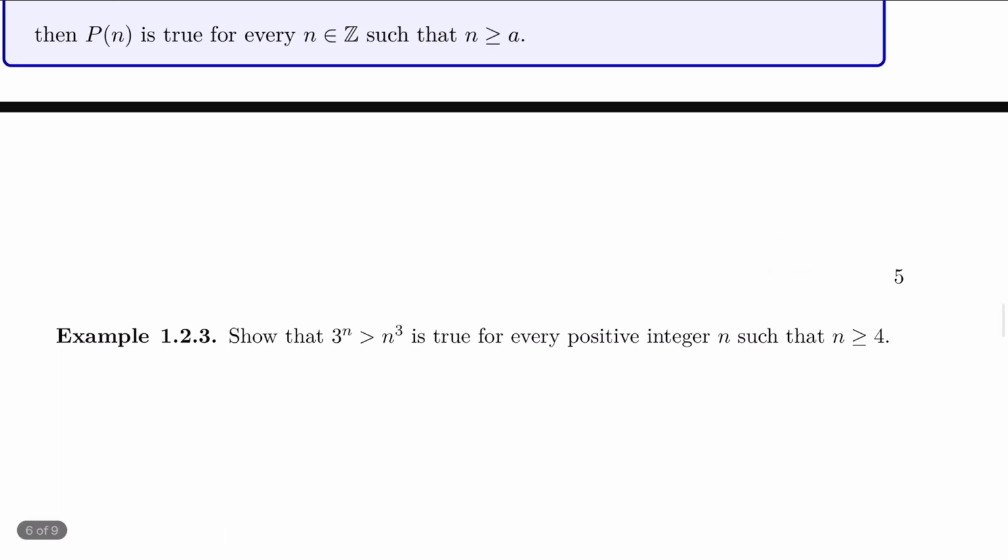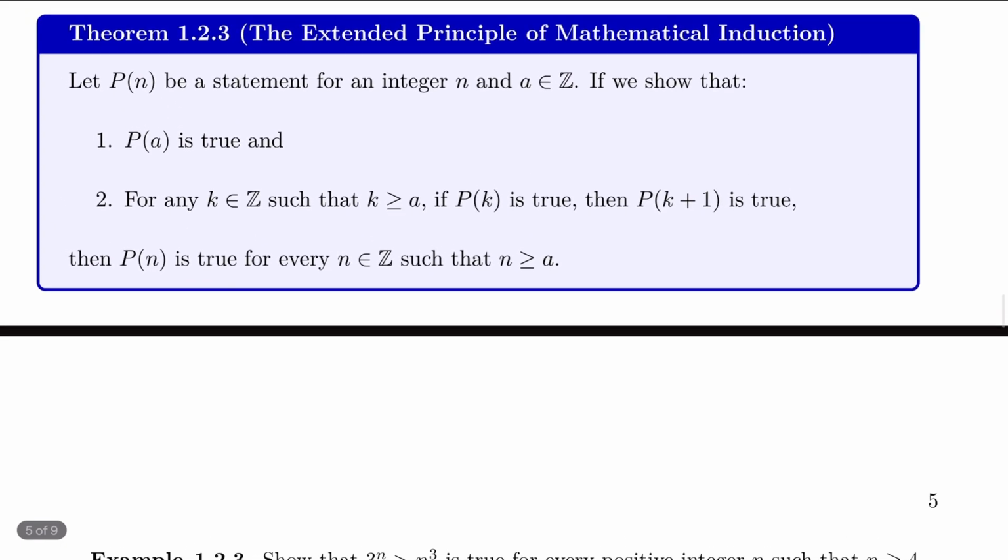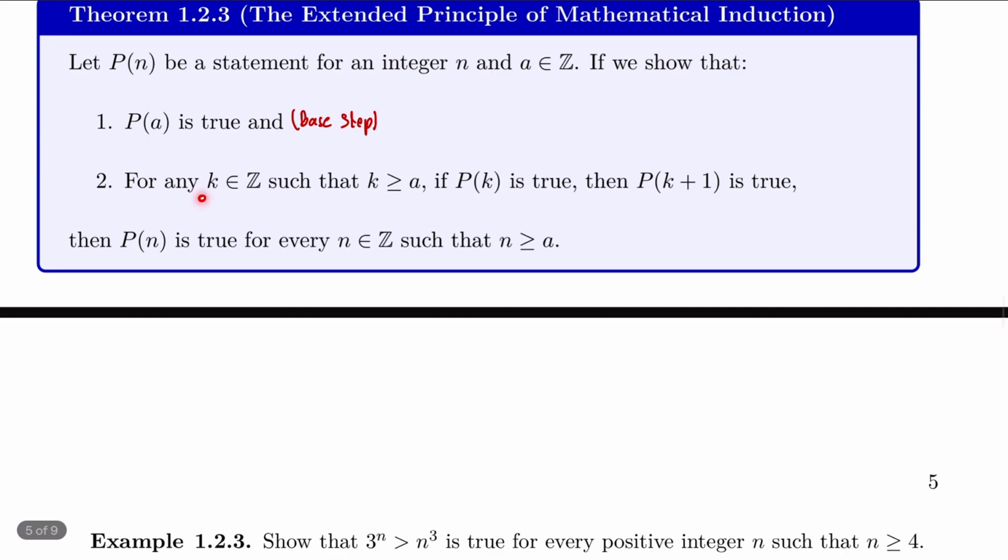So go back and take a look at the extended principle of mathematical induction. To use this principle, we have to show that P of a is true, which is the base step. And then we have to show that for any integer k such that k is greater than or equal to a, if P of k is true, then P of k plus 1 is also true.